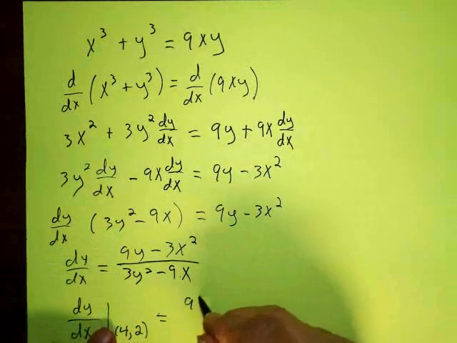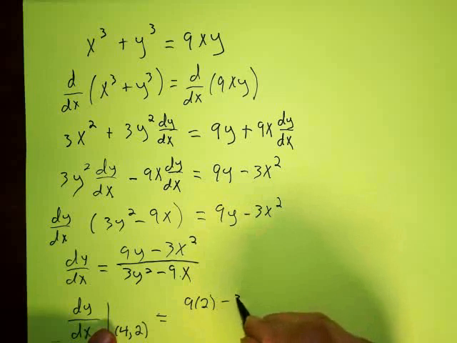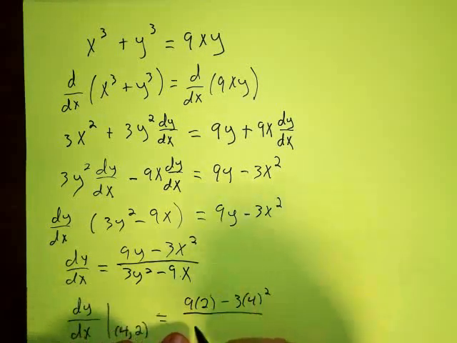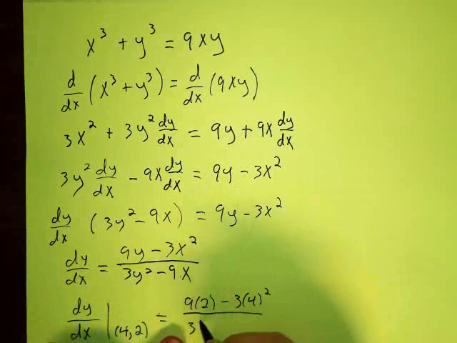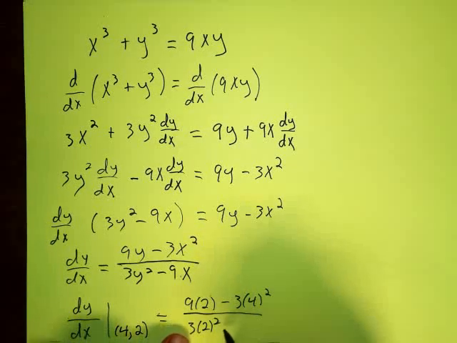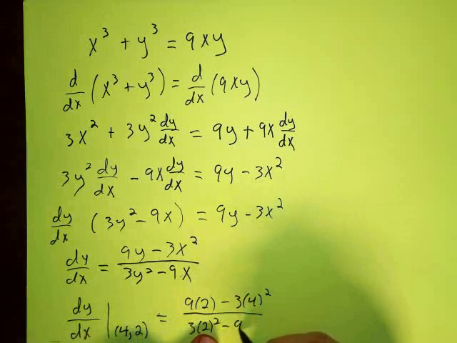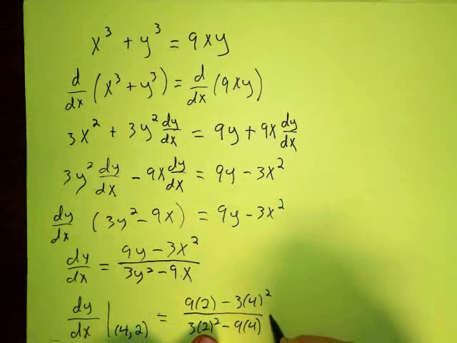So this would be 9 times 2 minus 3 times 4 squared, divided by 3 times 2 squared minus 9 times 4.